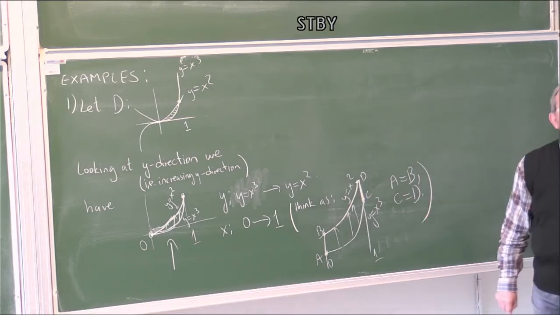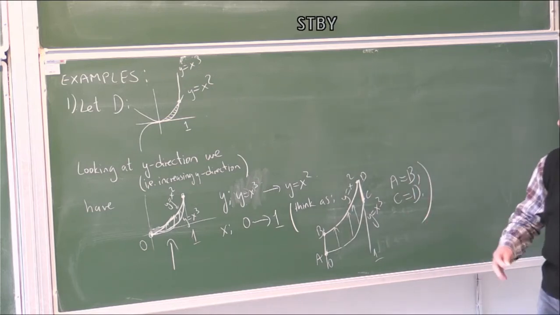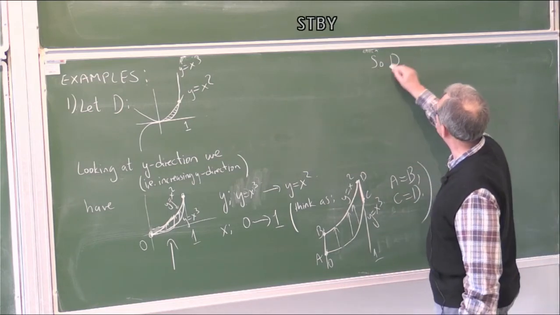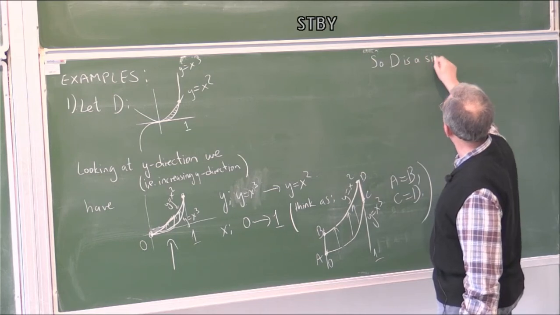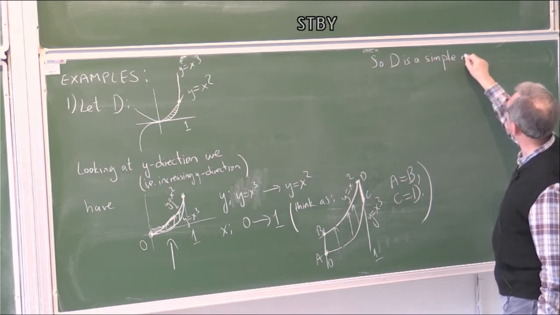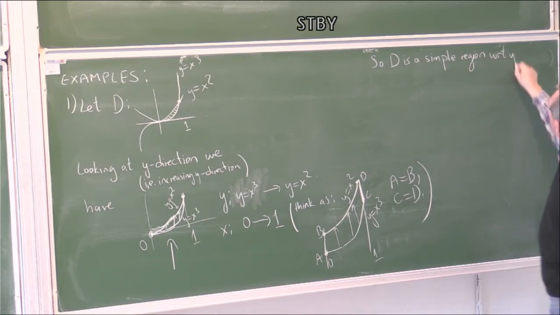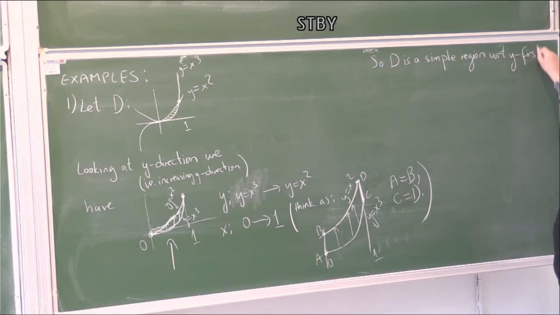So it is indeed a simple region with respect to y first. So D is a simple region with respect to y, the first variable.